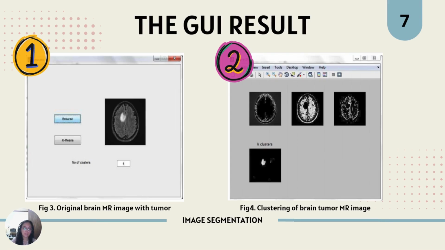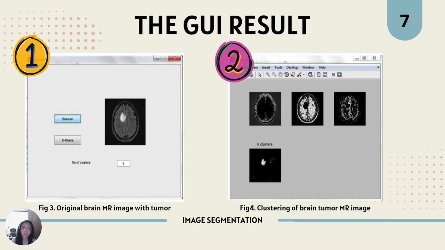In figure 3, we have the original brain MR image with the tumor. They chose the input brain MR image from the database and set the number of k-means clusters to 4. For the second step, figure 4 shows the clustering of the brain tumor MRI.